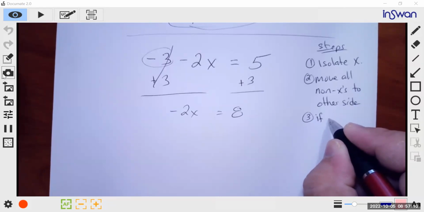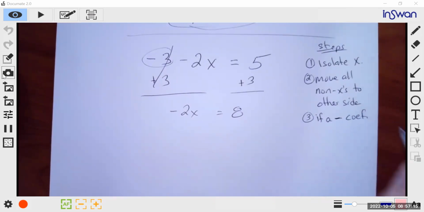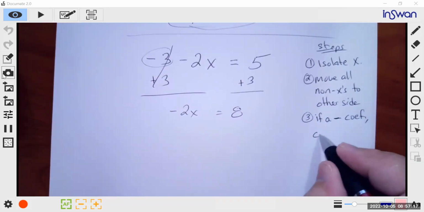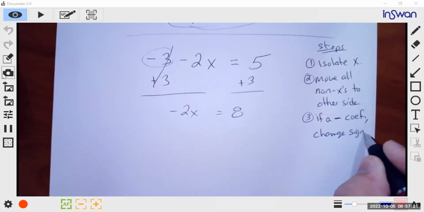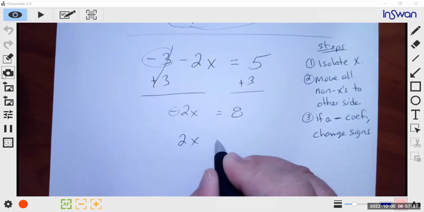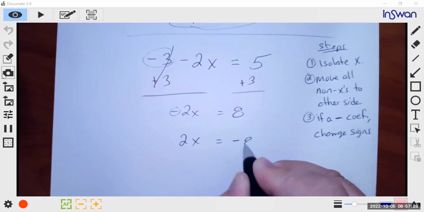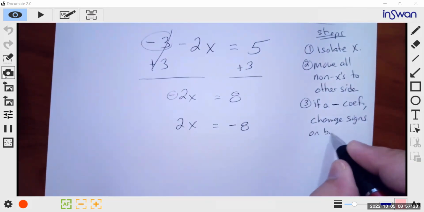If a negative coefficient, change signs. Or if there's a negative in front of the coefficient, just change the signs on both sides.